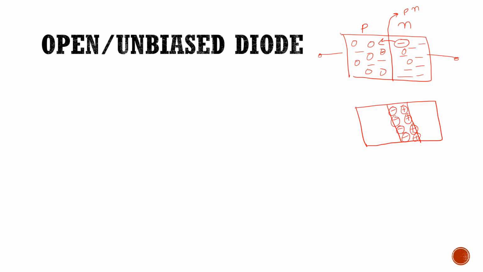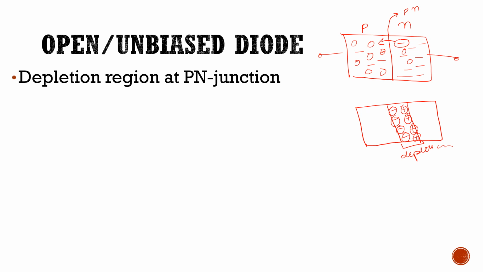These positive and negative charges form the depletion layer. So this open or unbiased diode has a depletion layer at the p-n junction.